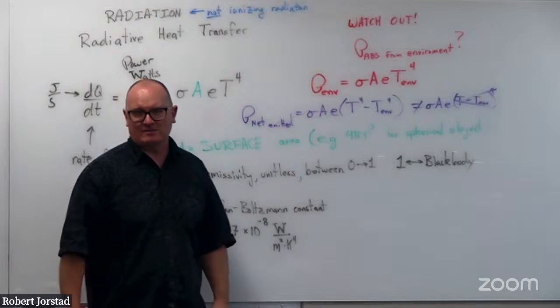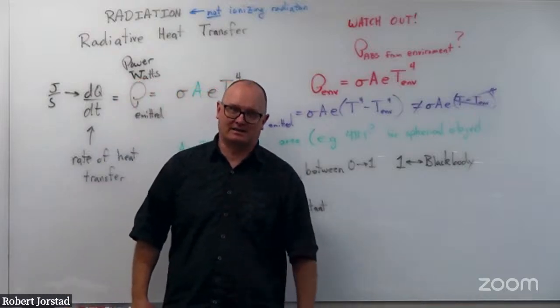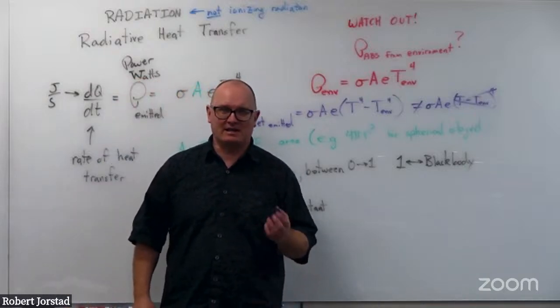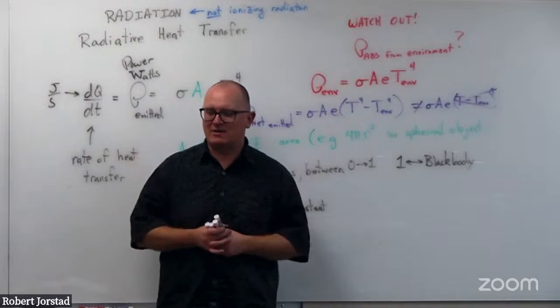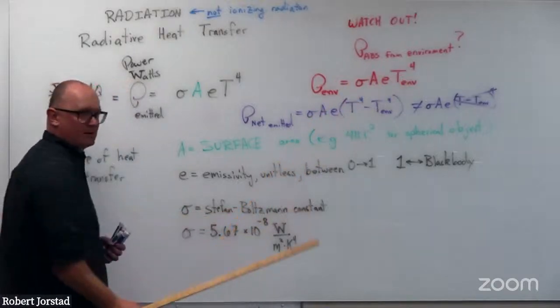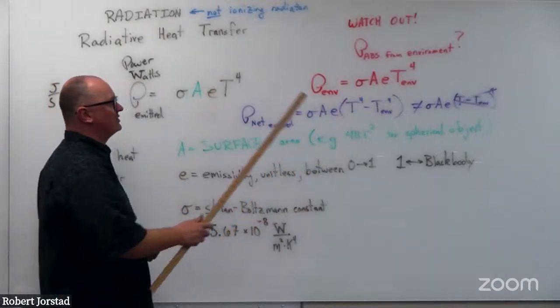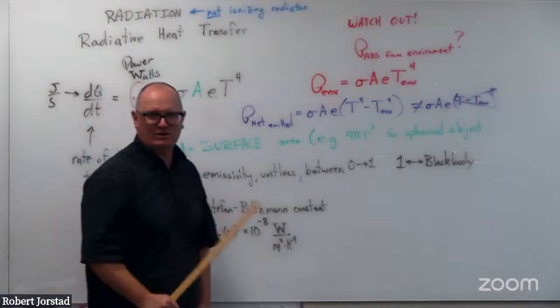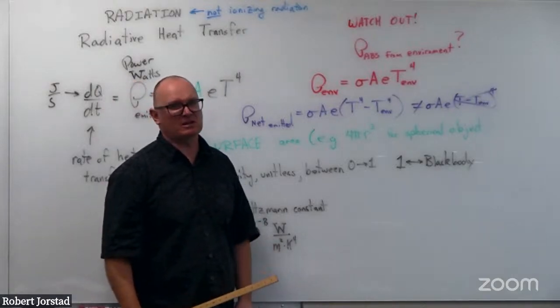And so what happens is if you're looking at worked examples in textbooks, a lot of times they'll start with, say, the sun. You have the sun emitting energy into space, and they won't talk about the environment. And you won't see this term in the worked example. Why don't you see that? Well, what's the temperature of space? Pretty close to 0.